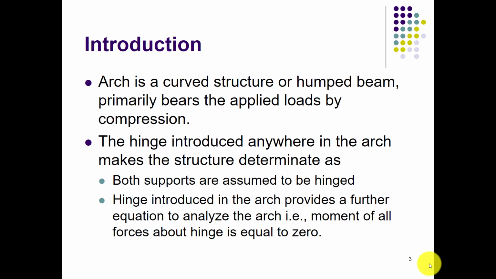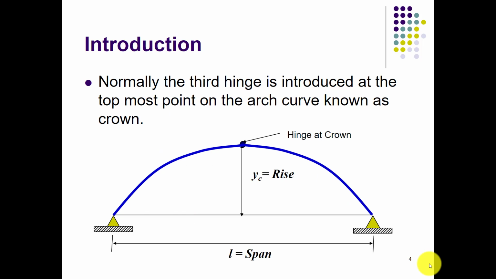Both supports in a three-hinge arch are hinge supports, and one hinge is introduced normally at the top of the camber. Here is a typical example of a three-hinge arch, in which we have an arch with a span L, and the total height or rise of our arch is YC.